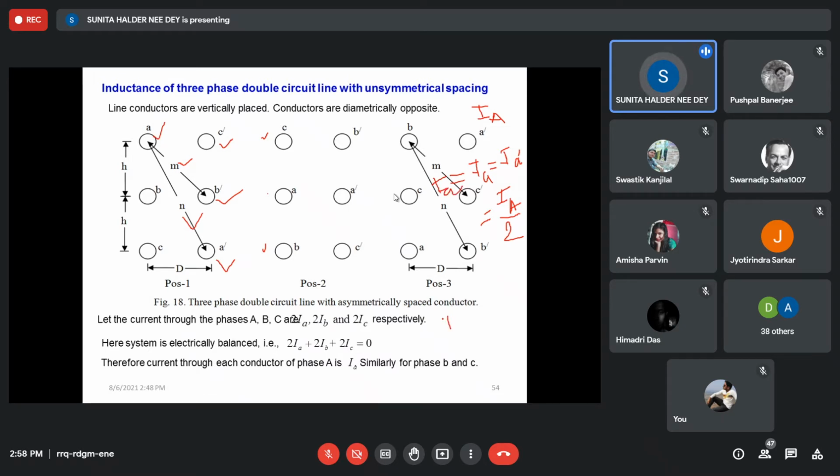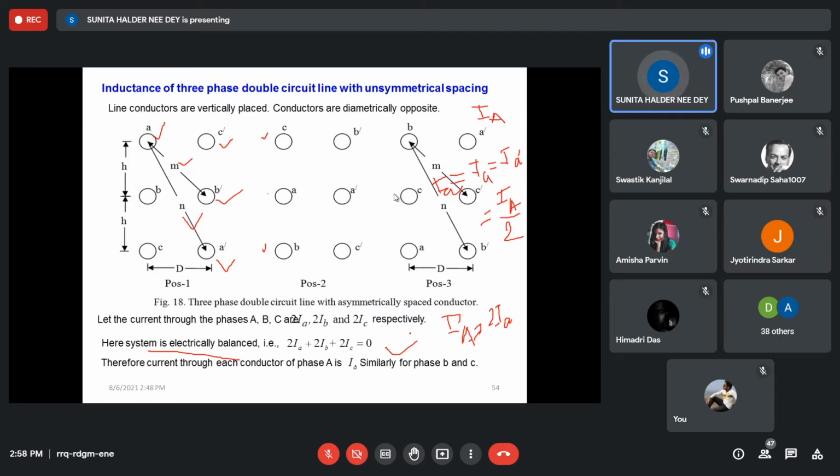Then obviously in that case, capital IA is equal to twice Ia. Have you understood? So if the system is electrically balanced, the sum of twice Ia, twice Ib and twice Ic is 0, or capital IA plus capital IB plus capital IC is 0. Understood? Here the conductors are not placed symmetrically, but electrically they are balanced.